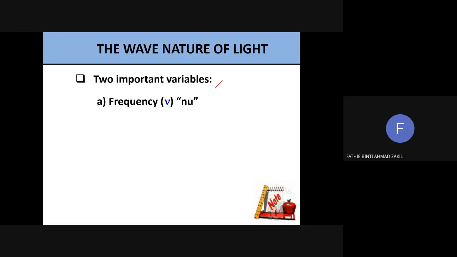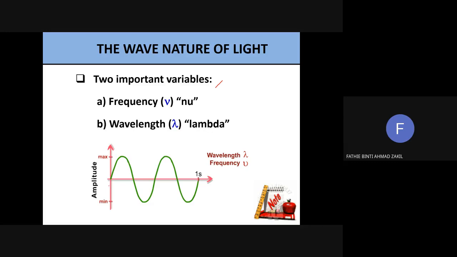Dalam fizik SPM. Dia ada relationship dengan fizik untuk chapter ni. Next B adalah berkaitan dengan wavelength ataupun kita panggil dia lambda. Bila kita interpret dia dalam bentuk graf, bila you plot amplitude, you akan dapat graf yang macam gini lah.